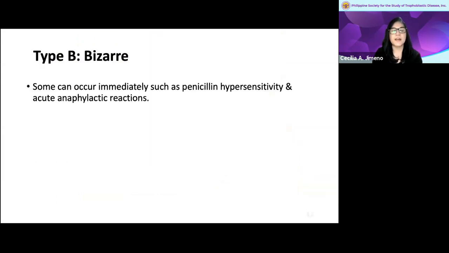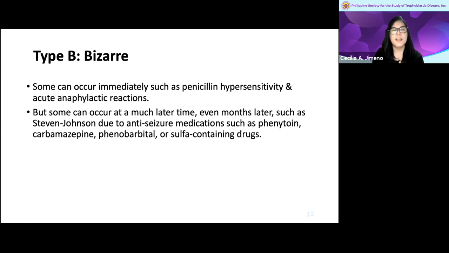These bizarre ADRs can occur immediately, such as the type 1 hypersensitivity, the anaphylaxis, the acute anaphylactic reactions. But many of them are actually the 4th type or the delayed type hypersensitivity, which typically happens several days after exposure, 24 to 48 hours, but some can happen months later.